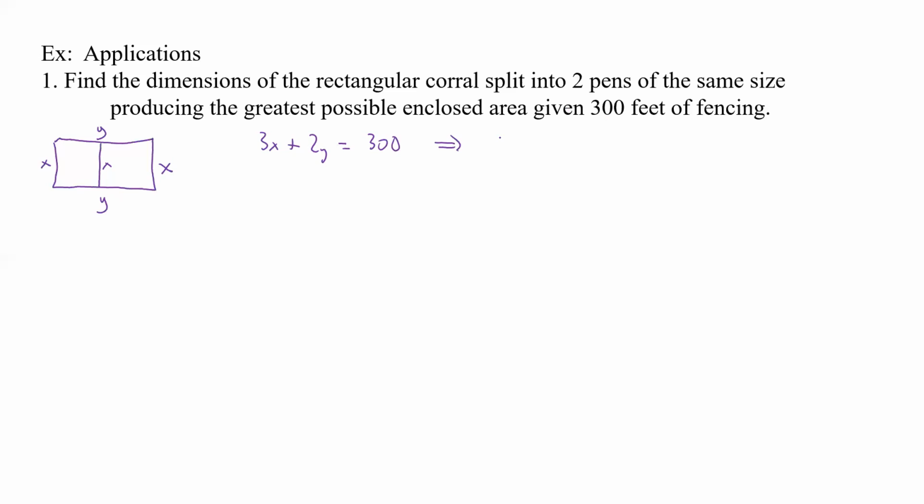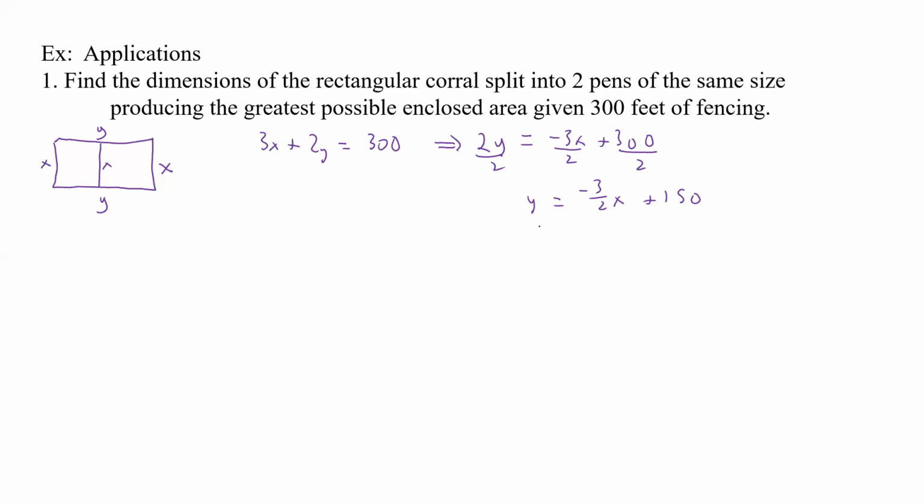So let's go over here. So y is equal to, well, actually, that's 2y is equal to, so I'm gonna subtract 3x and then plus 300. Now I can divide by 2. So y is equal to negative 3 halves x plus 150, okay? So that is this part. So now I can find area because now I have y and I have x.